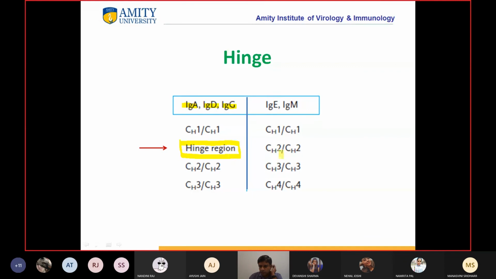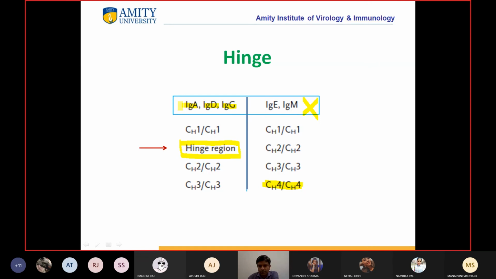And it is not there in IgE and IgM. As you know, IgE and IgM have an extra CH domain, so they don't have the hinge region.